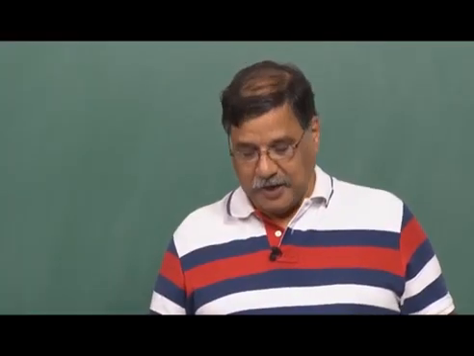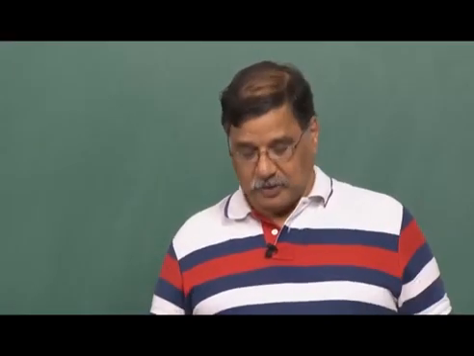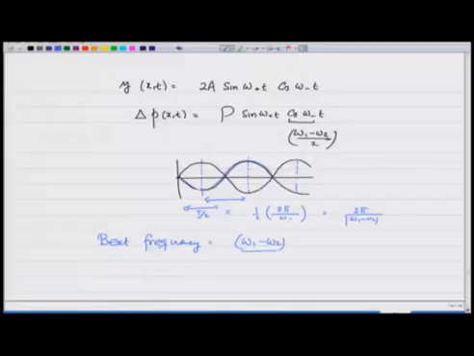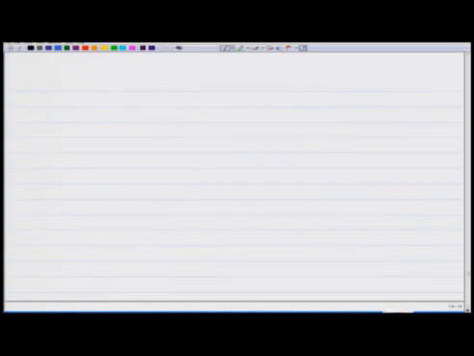Because every time the amplitude goes up, whether it is on the negative side or the positive side, you are going to hear a loud sound. So beat frequency is equal to the difference in the frequency. Keep in mind that the moment omega 1 becomes equal to omega 2, beat frequency is equal to 0.